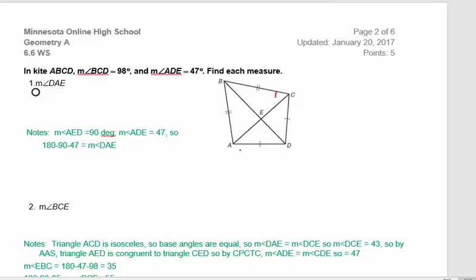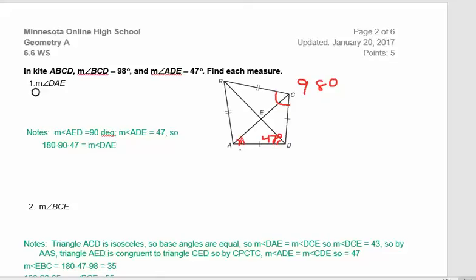Measure of angle BCD is 98, and measure of angle ADE, which is this part right here, is 47. And we need to find, for number 1, the measure of angle DAE. DAE is this angle down in the corner here.